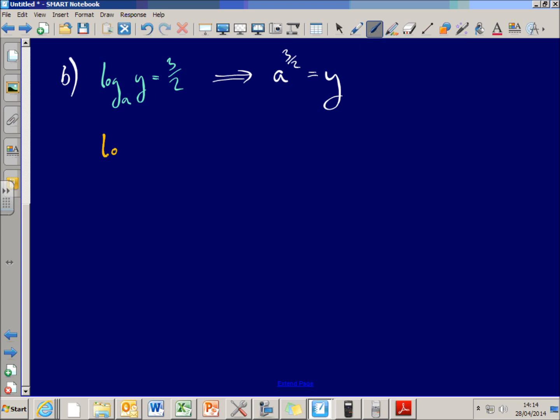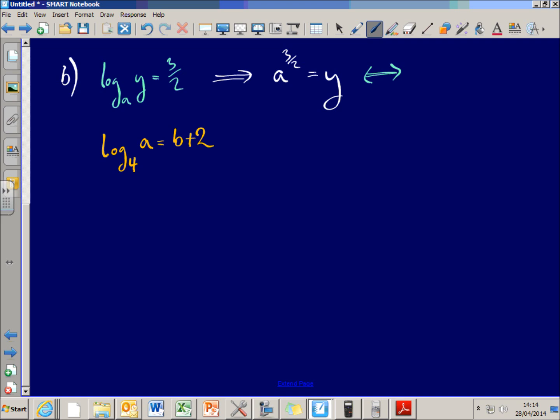Go to the next statement it gives me. Log to the base of 4 of a equals b plus 2. Hold on a sec. Can I do something with this? Let's see, this is asking me to do log to the base a. Can I get a on its own? How do I rearrange that so it's a equals rather than a to the power 3 over 2?